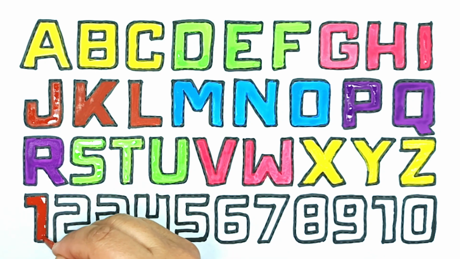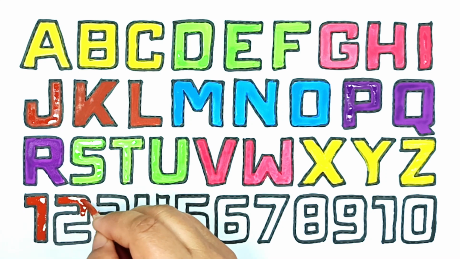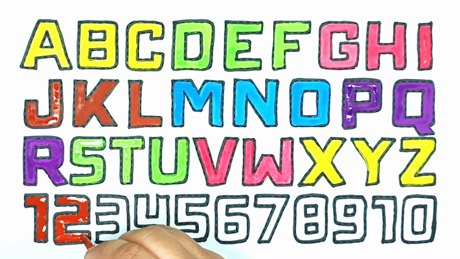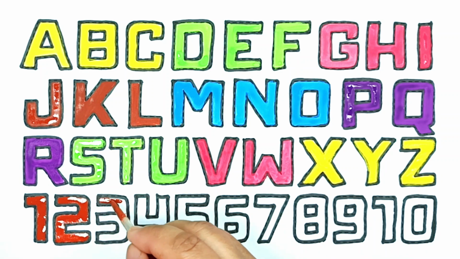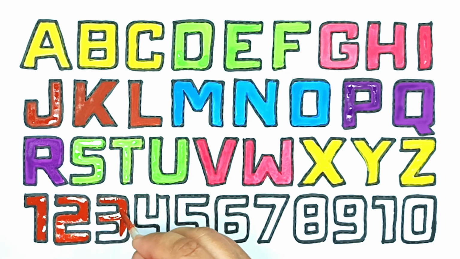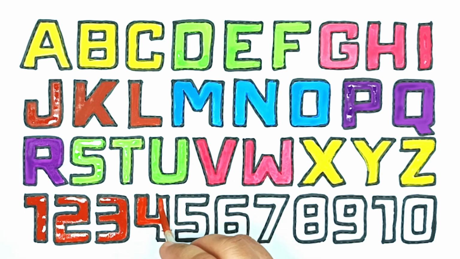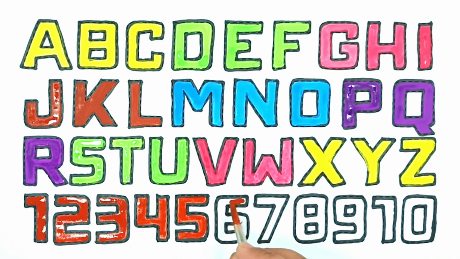1. One cat sleeps. 2. Two birds fly. 3. Three dogs play. 4. Four cars go. 5. Five flowers bloom. 6.